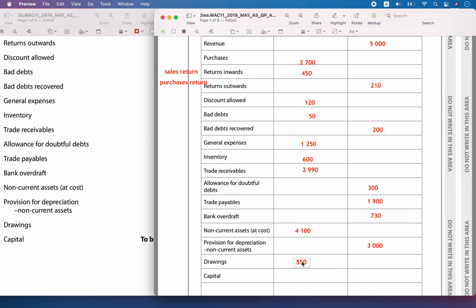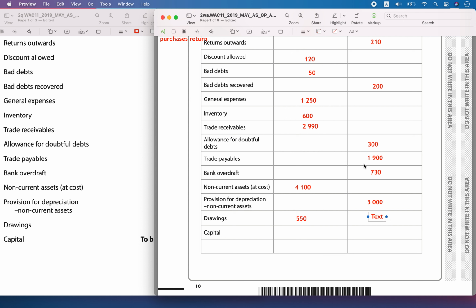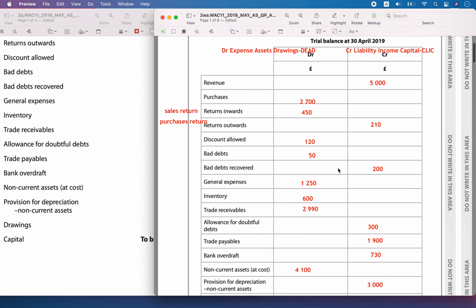Now we have to calculate the capital, which is going to appear on the credit side, as we have seen. So let's add up everything here, and the balance must be equal on both sides for the trial balance. We have to add up both the debit and the credit side.